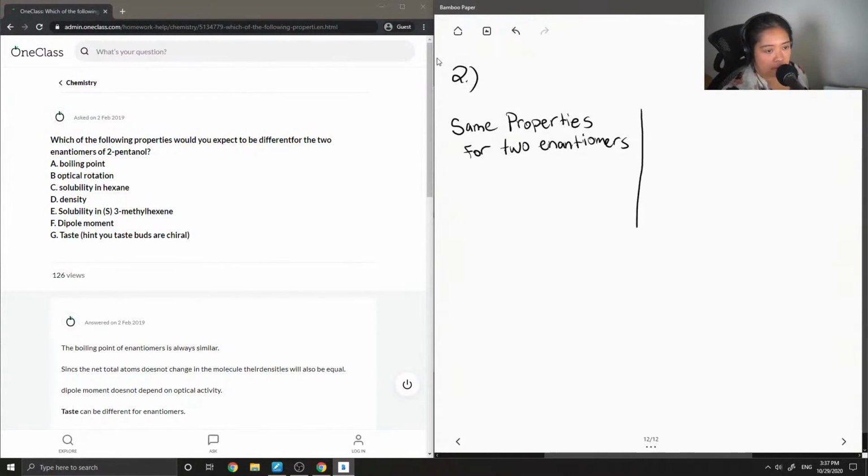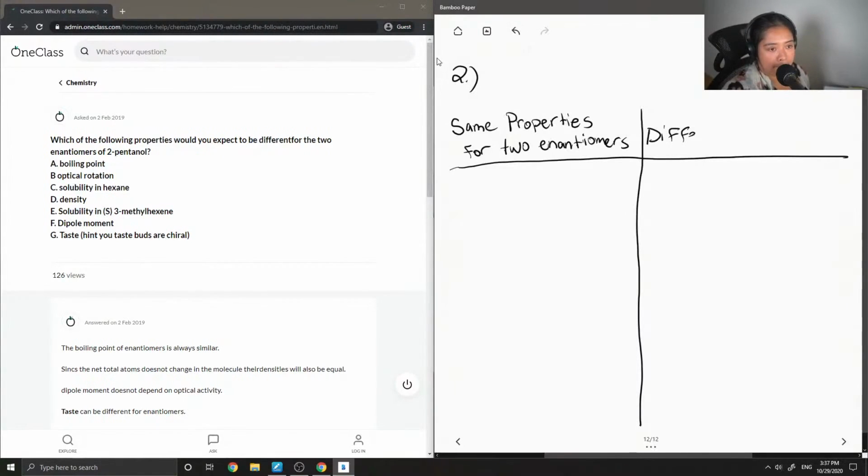And then on the right side, I'll have the different properties, so that everything is organized.